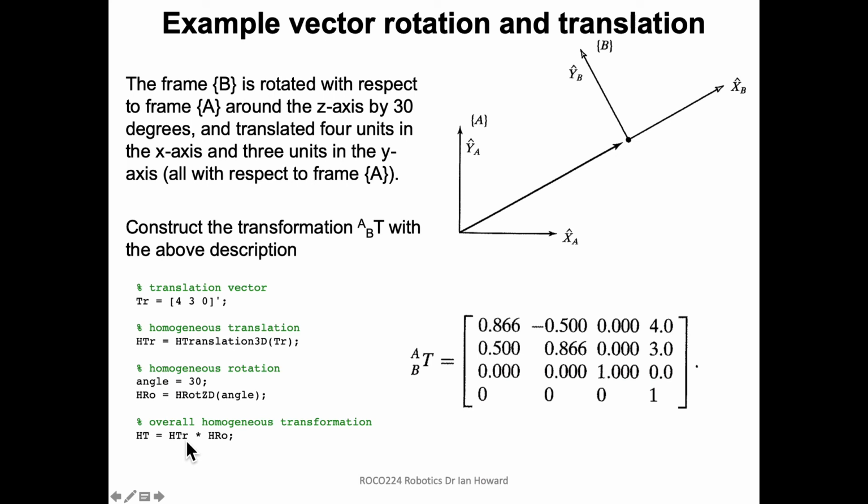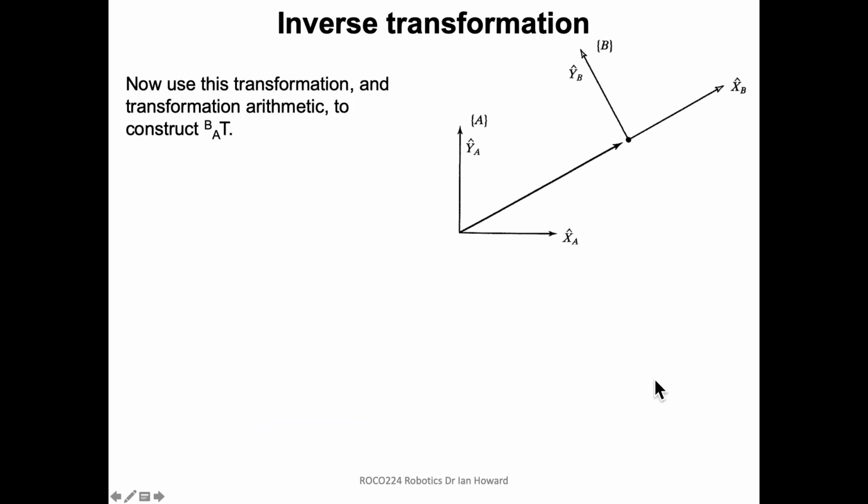Or we could have put the things straight in by hand, and this is what you'd end up with if you did that. You could jump straight to this and put in the rotation matrix part in this 3x3 part. You put in our translation vector in this part here, and then you put 0, 0, 0, 1 at the end. That'd be perfectly fine.